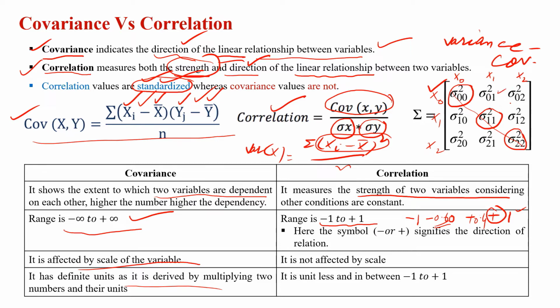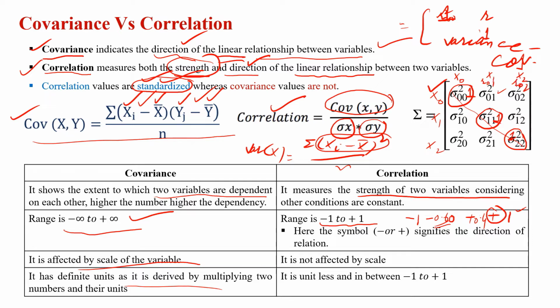Similarly, we can represent the correlation matrix. In the correlation matrix, the diagonal values would be 1, 1, and 1, and this would be written as r01, r02.